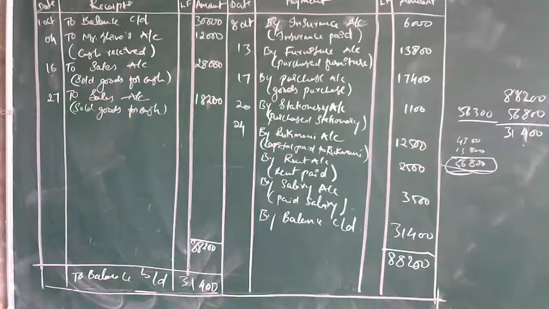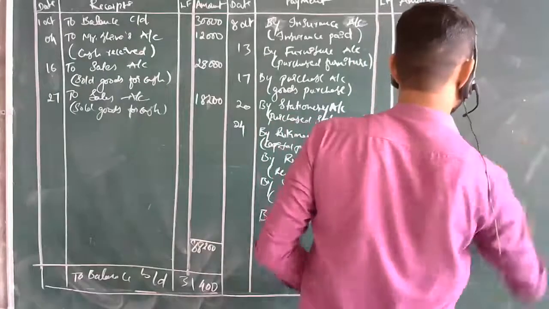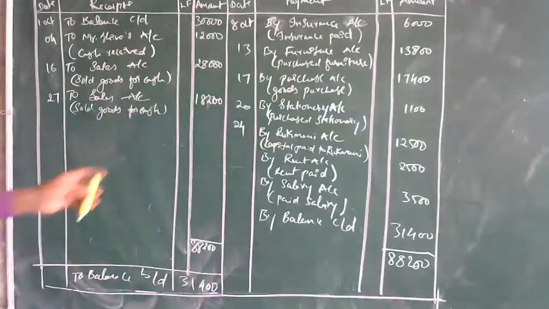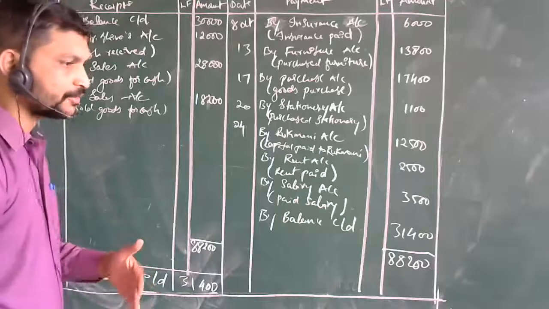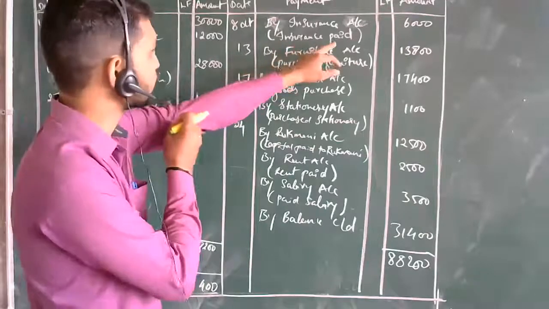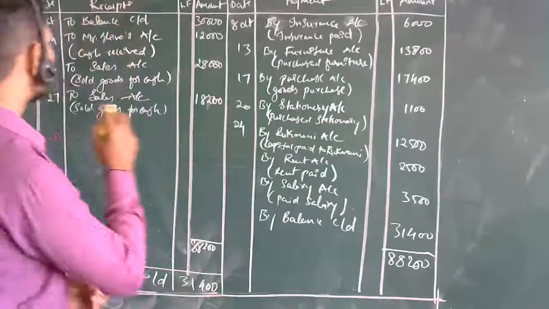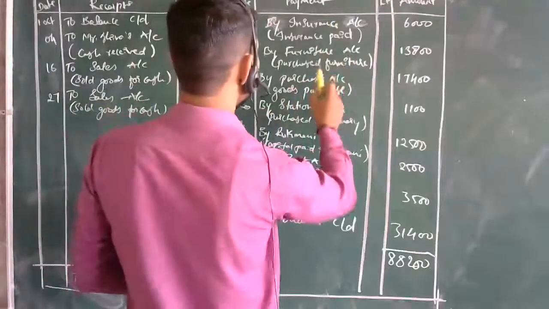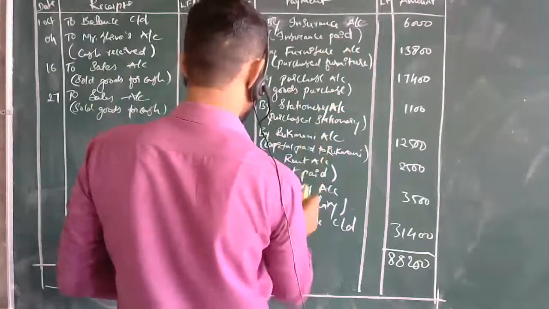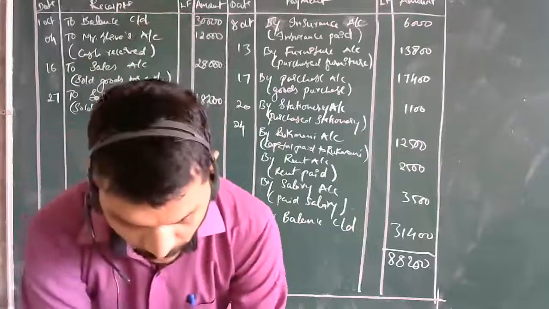Cash book got completed. If you have any doubts, raise them now. You should not have any doubts. For that purpose, I have written the narration also. And for further understanding, how many ledger accounts will we be opening? 1, 2, 3, 4, 5, 6, 7, 8, 9. 9 ledger accounts you are going to open.